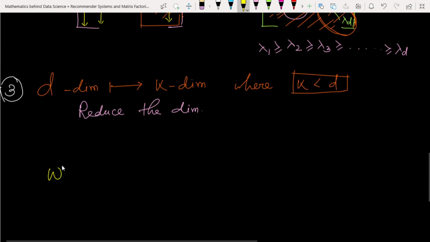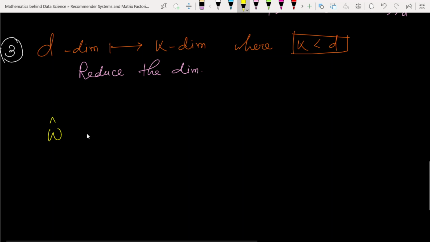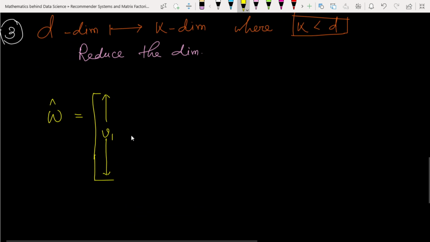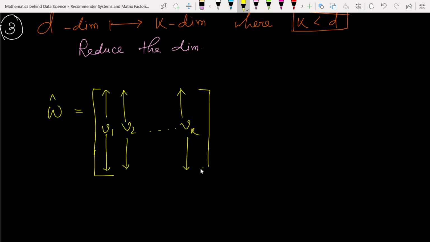This is the approximation of the W. Here are the dimensions of the W. Here, the W hat. Let the vectors be V1, V2, and so on. They have k vectors, meaning we have considered only k eigenvalues.